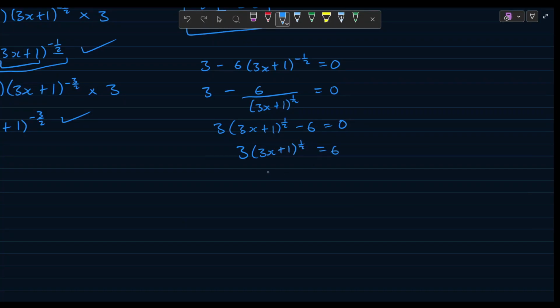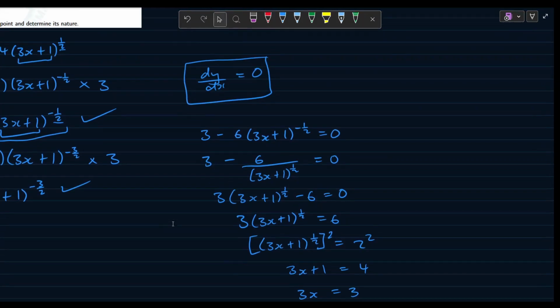Divide both sides by 3. (3x plus 1) to the half is equal to 2. And now to get rid of the power half, square both sides. So this becomes 3x plus 1 is equal to 4. So you get 3x is equal to 4 minus 1, which is 3. So you get x is equal to 1.